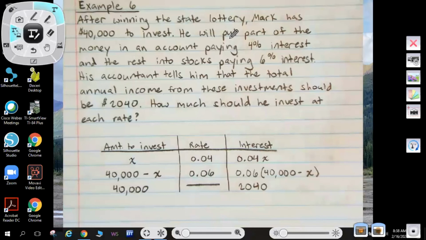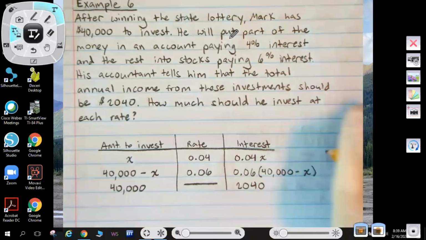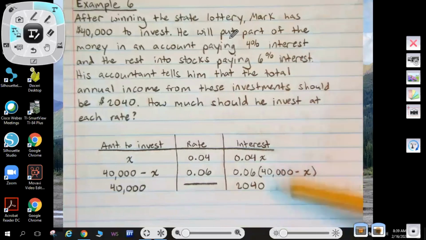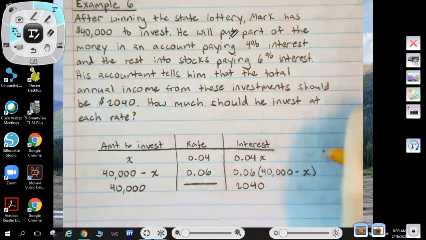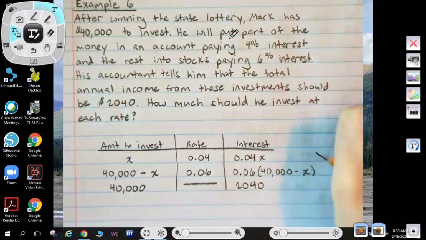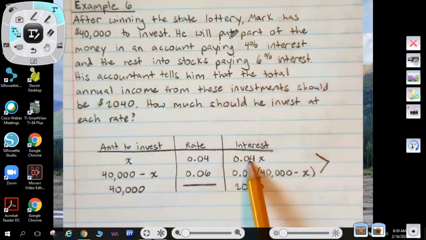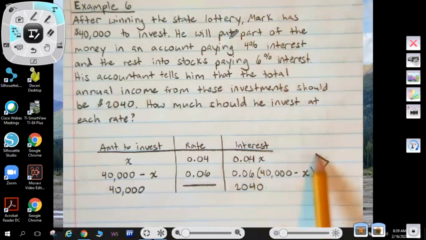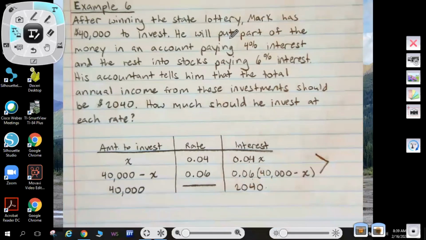The interest that he should get from all of his investments should be $2,040. So if this is his total amount of interest that he's going to make, then that means this amount of interest, 0.04x, and this amount of interest should add up to equal 2040.